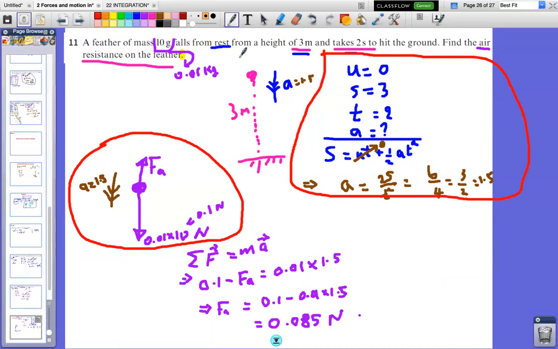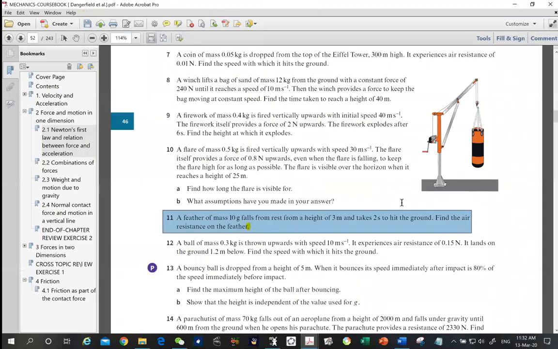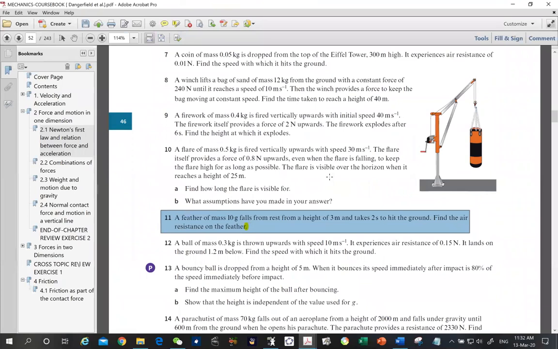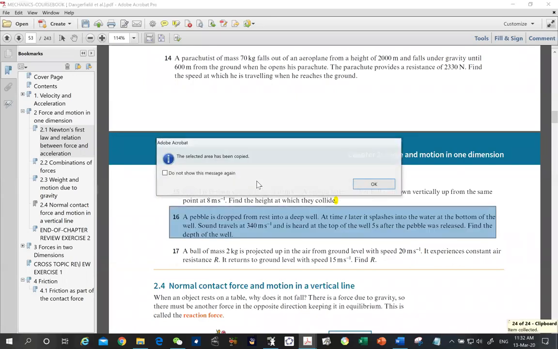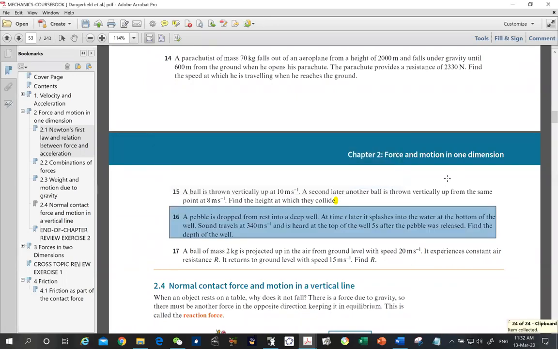Very good. I hope we have time to look at question 16. I did highlight question 15, but since you prefer 16, 16.